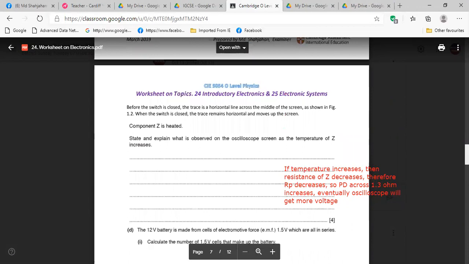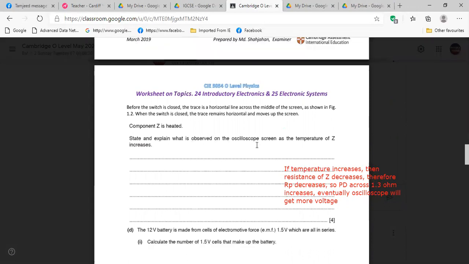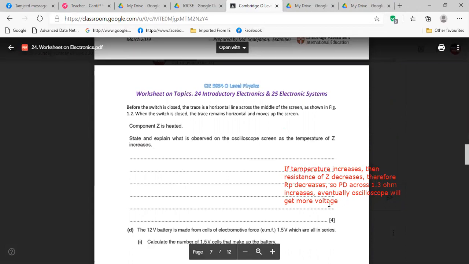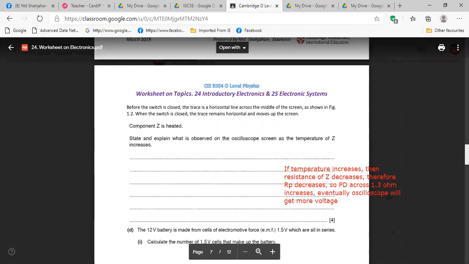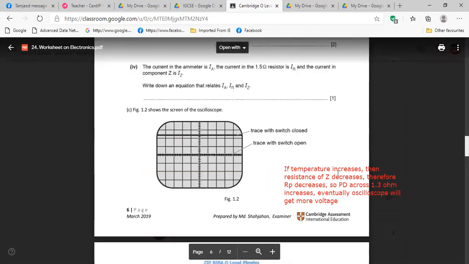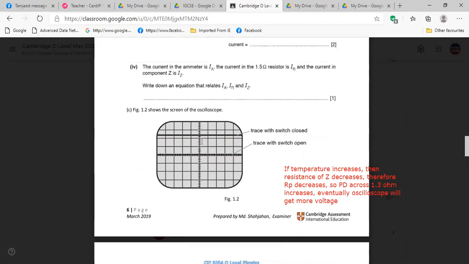So here: state and explain what is observed on the oscilloscope screen as the temperature of Z increases. Our answer is not done. We have another point: if we have more voltage, then the reading we are getting here will go more up, right?